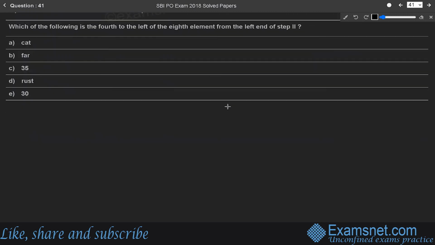So after arranging it, step 1 will be cat 30, 61 rust, 33, 86, 4, torn, 49, leap.